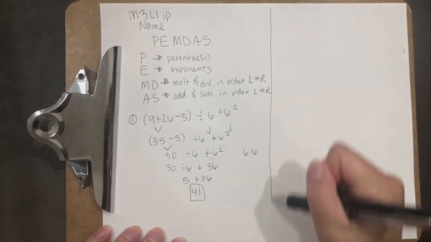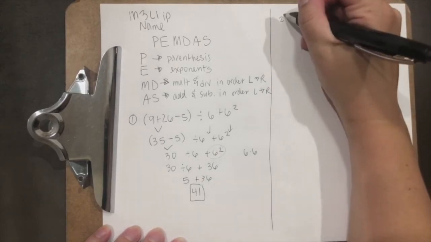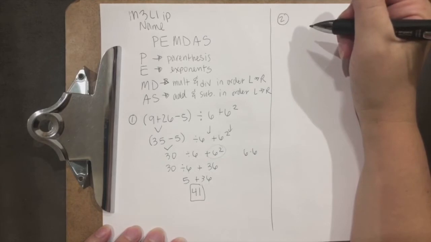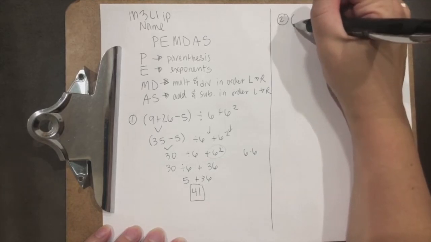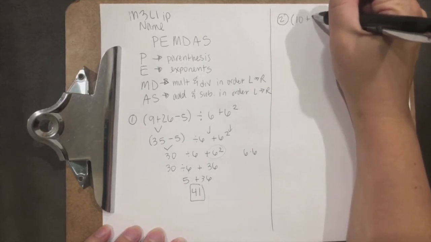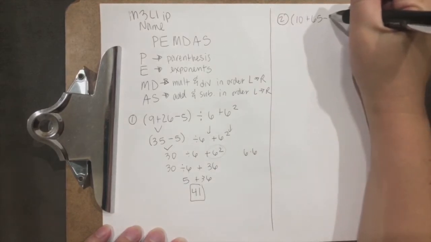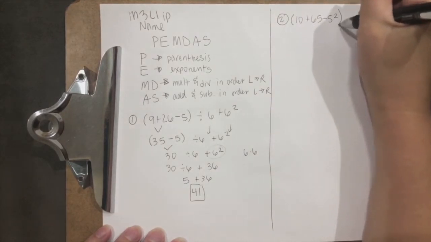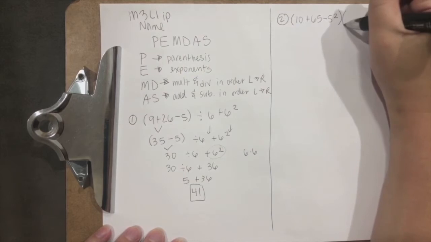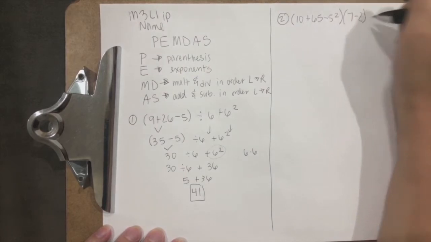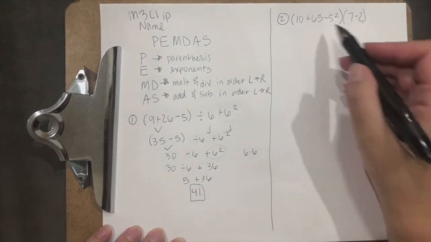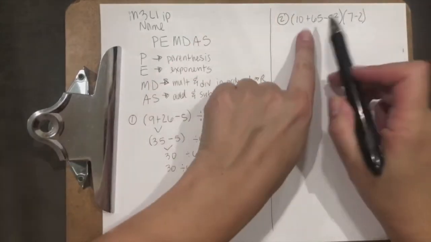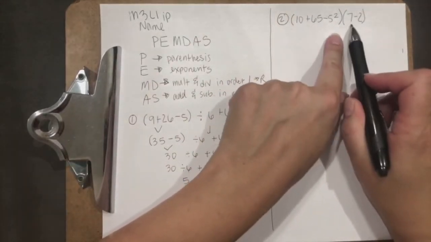Okay, let's do number 2. Parentheses, 10 plus 65 minus 5 squared, close parentheses, parentheses, 7 minus 2, close parentheses. So now both of these are groupings or parentheses.